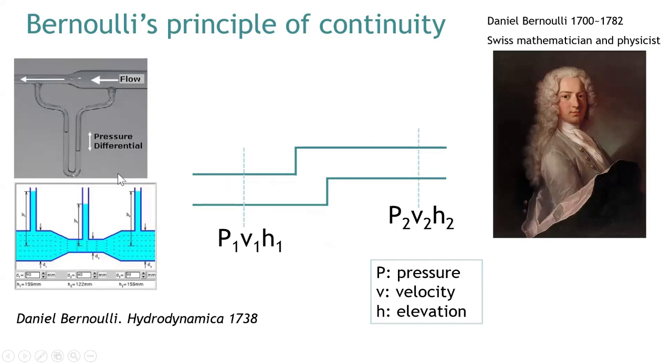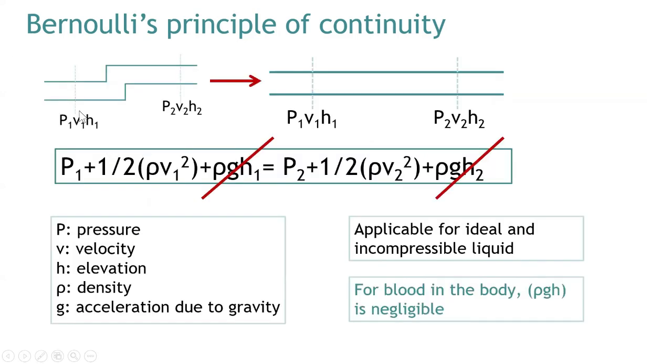It describes the relation between the pressure, velocity, and elevation height in a flow system. Because in our body we can consider there is no height difference, we can neglect this height.